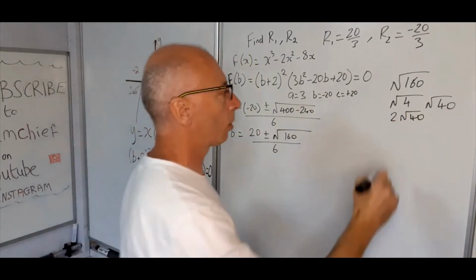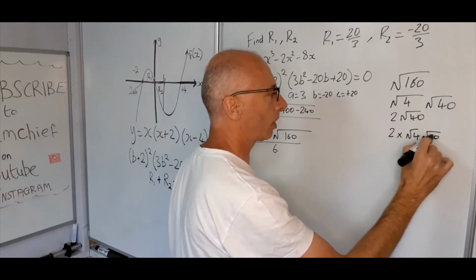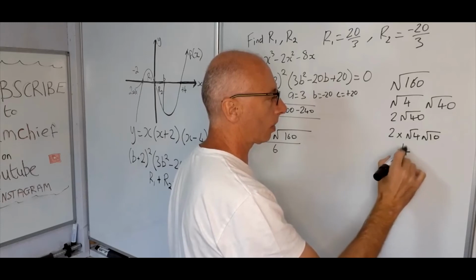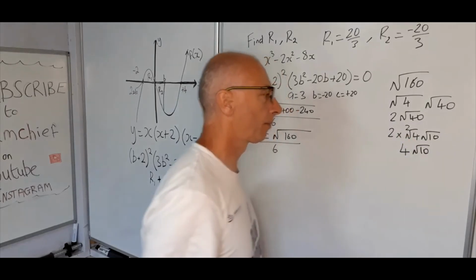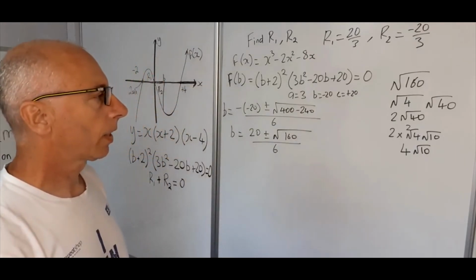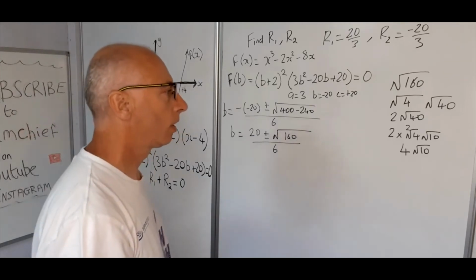Square root of 40 again will split up into 2 times square root of 4 times square root of 10. So 2 times 2 is 4, so that's 4 root 10. Okay, square root of 10, nothing else we can do there.